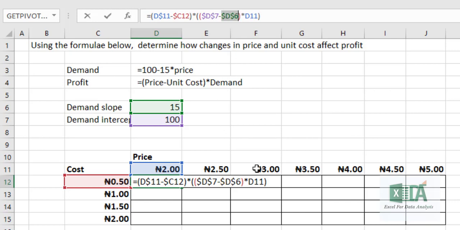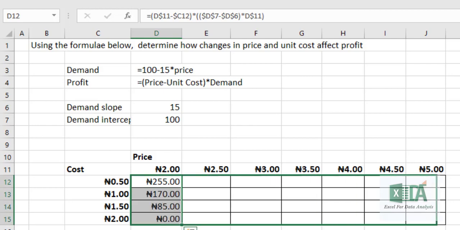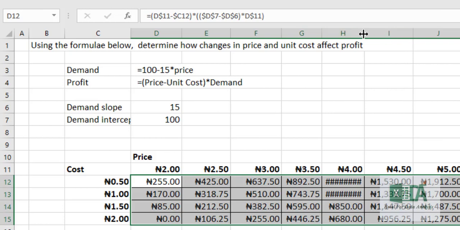Then we move to D11, which is our price. This is going to change from D to E. When you copy, the prices are from D to J. So we're going to change from D, but the 11 must not change. So we put a dollar sign in front of the 11. Okay, good. Let's copy the formula now. Let's see where each formula references.